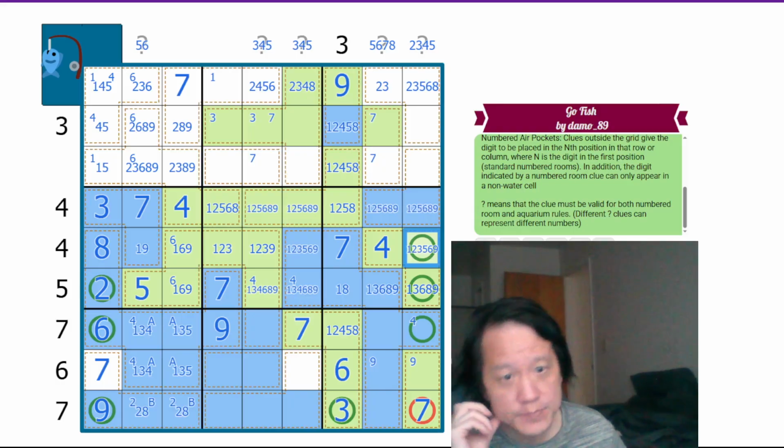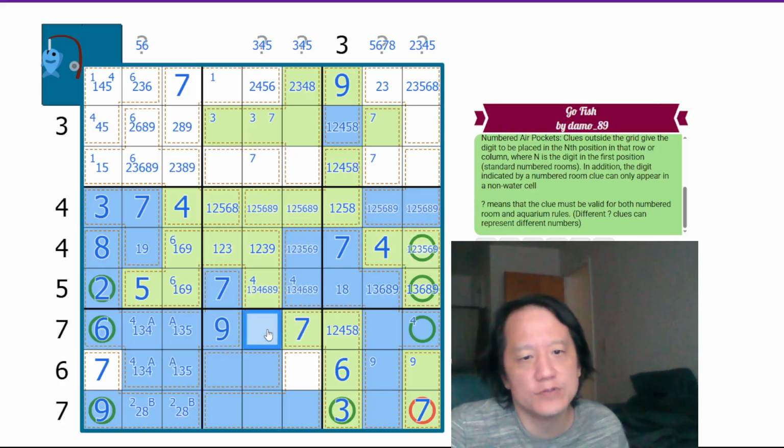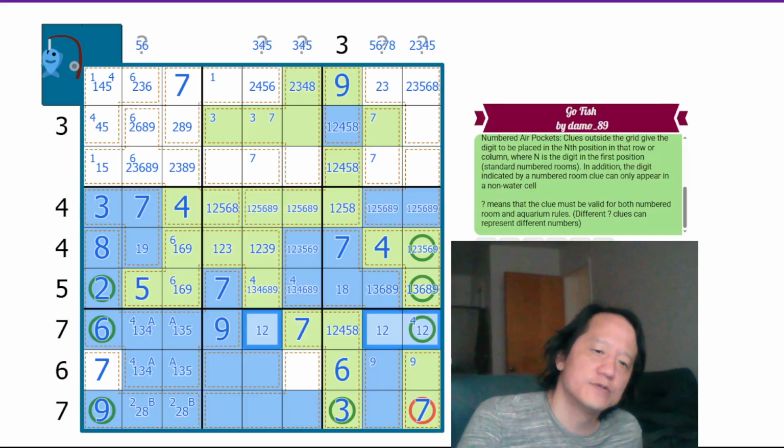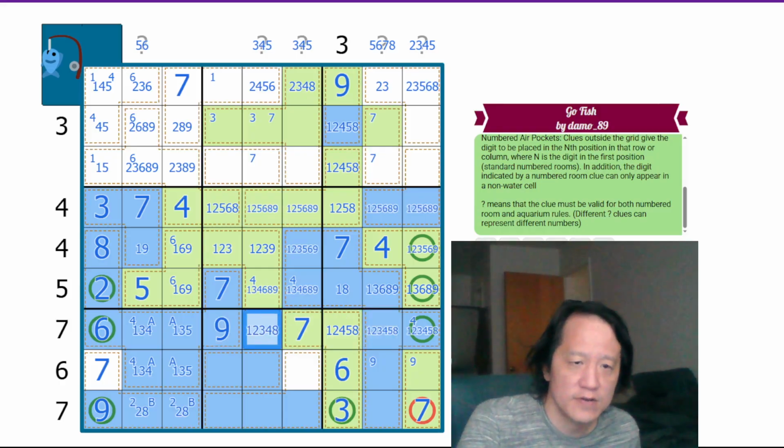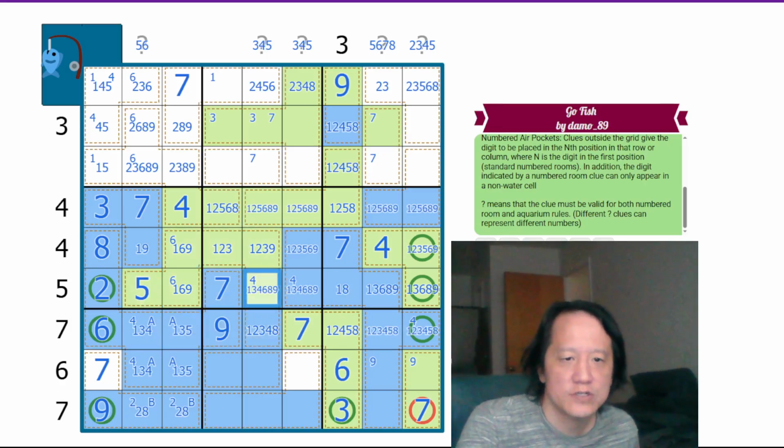Remaining digits of row 6. We have 1, 2, 3, 4, 5, and 8. But this can't be 5 because of 5 in the cage.